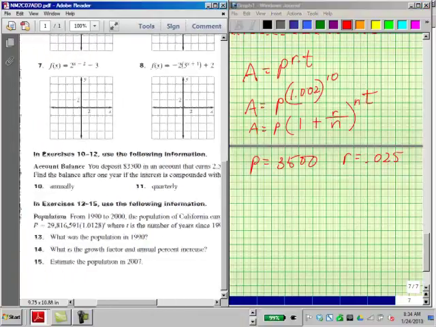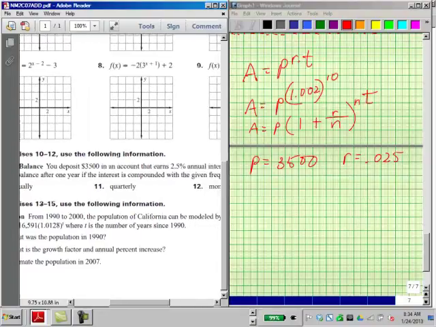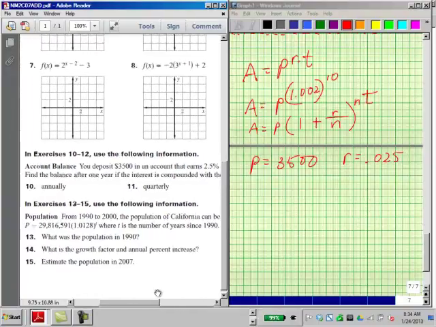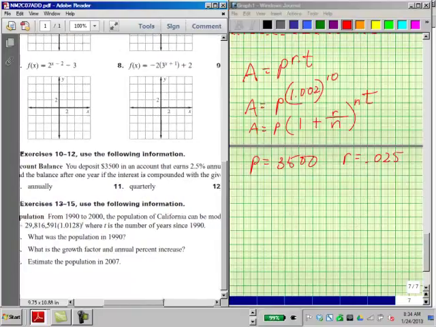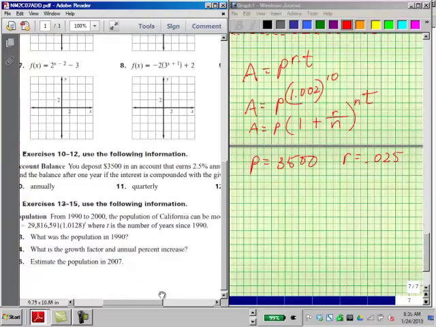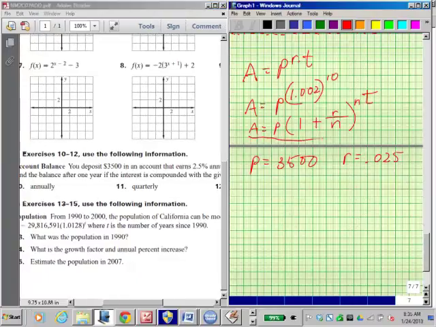Now find the balance after 1 year if it's compounded annually, quarterly, or monthly. Let's use the compound interest formula in each case so you get used to using it. If you get it once a year, n equals 1. The number of times it's compounded is 1 time.